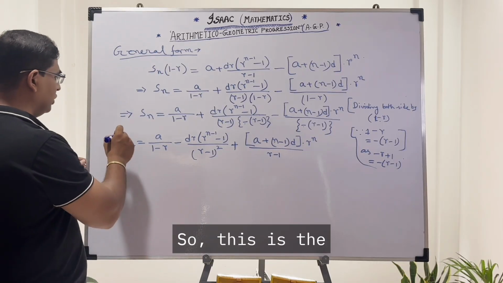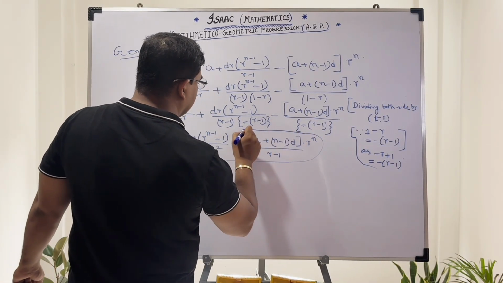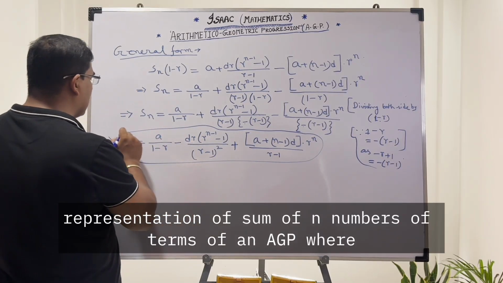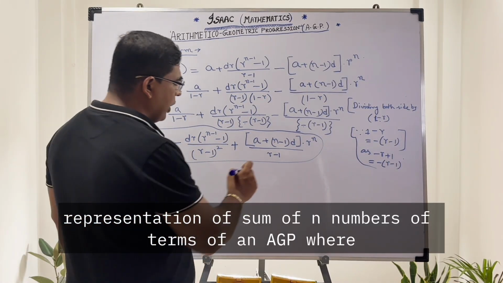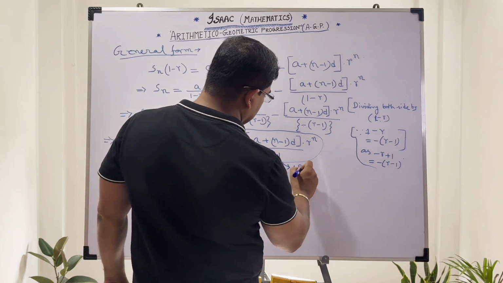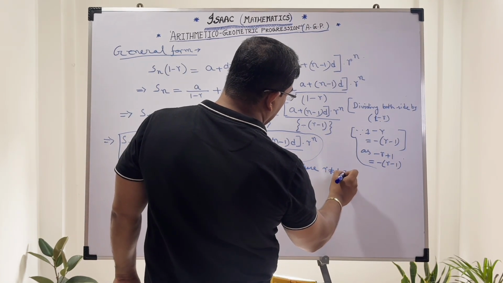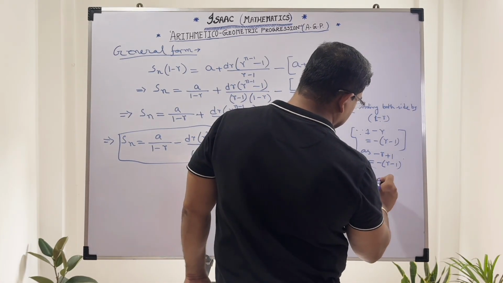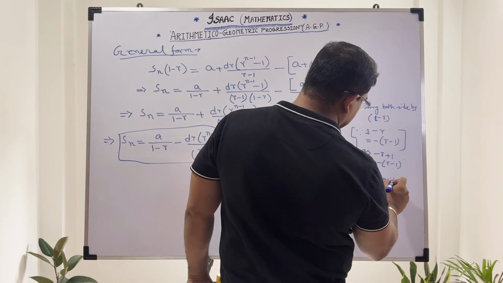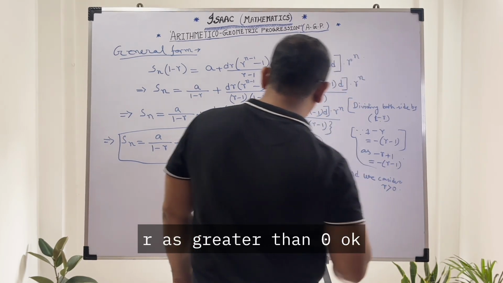Okay, so this is the representation of sum of n numbers of terms of an AGP, where r not equals to 1 and we consider r as greater than 0.